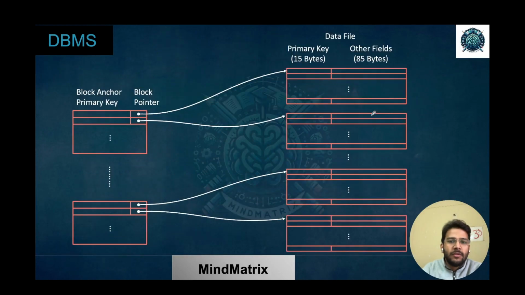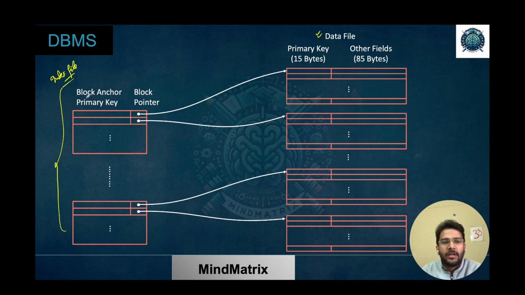So here if you see the figure, this is your complete index file, and here you have the data file. Now carefully understand, in the index file you have what? The primary key, and you have the block pointer. The block pointer is pointing to a single block of the data file.